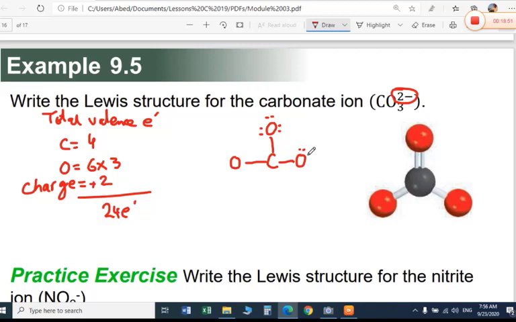Similarly 6 electrons outside and 2 inside, here also 6 outside and 2 inside, and this carbon already has 6 electrons in the 3 bonds, so the remaining 2 we show here. Then we see how many total electrons are here. If you count these electrons, it will be 26.